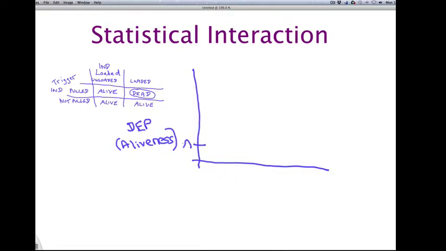There's the state of being alive and the state of being dead. And along the x-axis we're going to plot the independent variable. There are two independent variables, the state of the triggerness, and the state of the bullets being in the gun, loadedness. In this example it isn't obvious which one you would want to choose, so I'm going to choose loadedness.